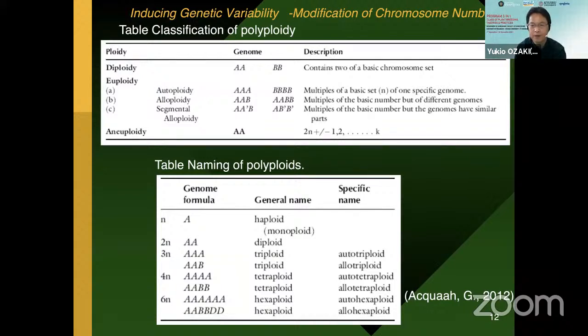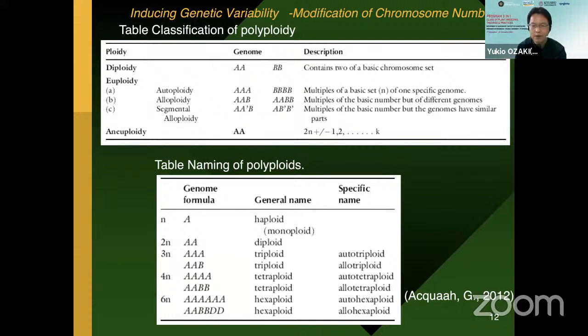In one type, called euploidy, the individuals contain multiples of the complete set of chromosomes characteristic of the species, the basic number X. In another, called aneuploidy, individuals contain an incomplete set of chromosomes that may be equivalent to the euploid number plus or minus one or more specific chromosomes, as shown in the upper table.